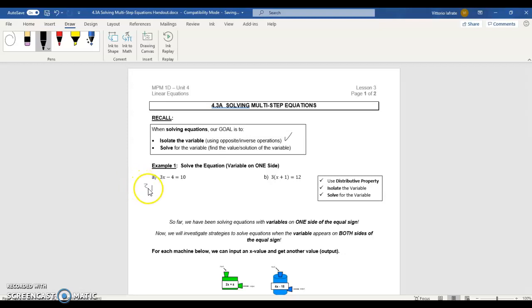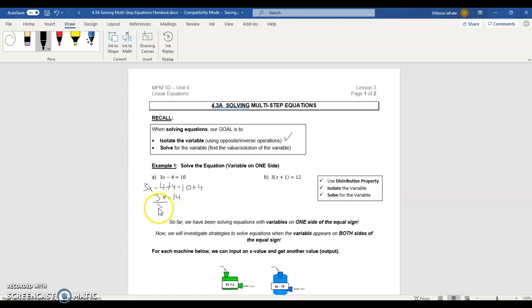So we're going to do 3x minus 4 plus 4, which is the opposite of minus 4, is equal to 10 plus 4, and then we'll get 3x is equal to 14. And then we can do our division, which is the opposite of multiplication.